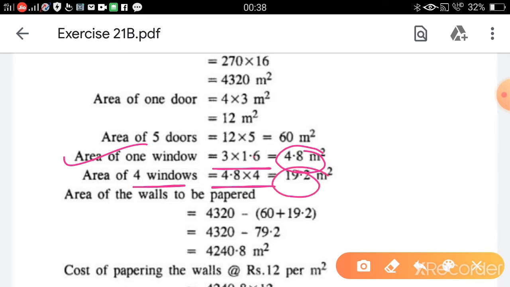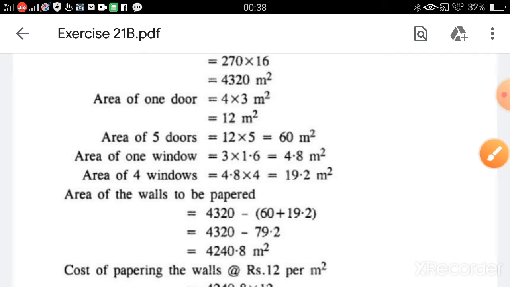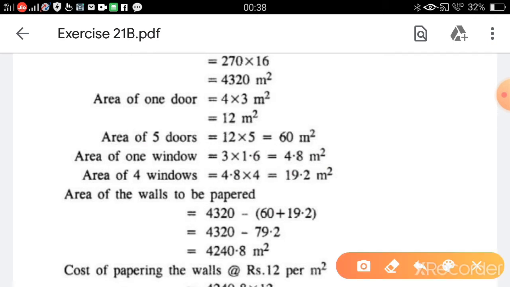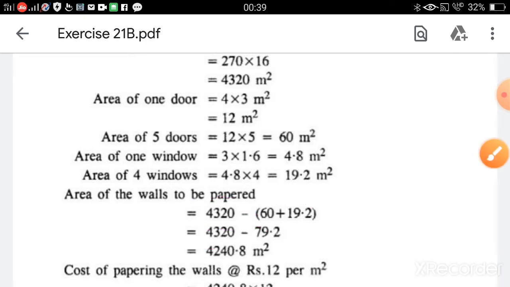Okay, so area of the walls to be papered. Total area will be 4320, and from that subtract the door area plus window area. So 4320 minus this addition, which will be 79.2.